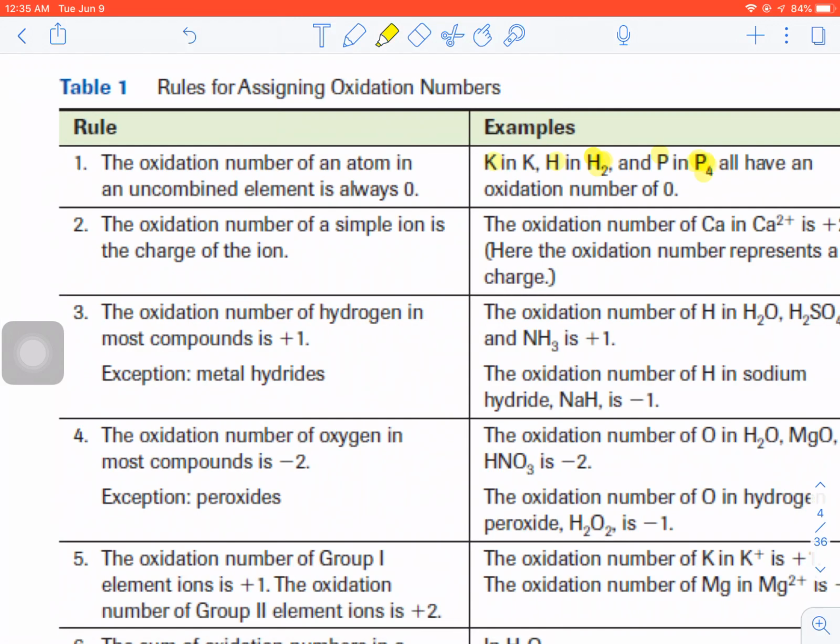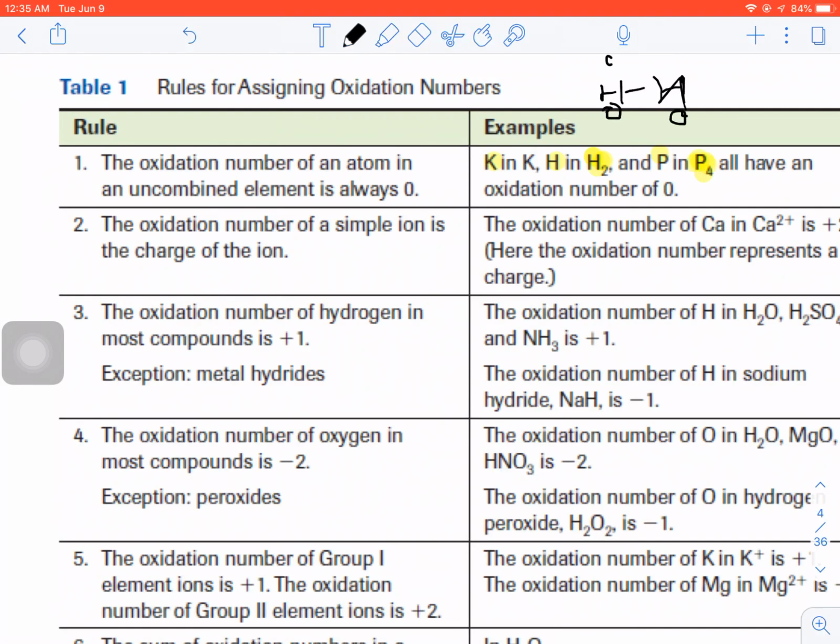And ultimately, if I've got two H's together making an H2, they will share electrons, but neither is stronger than the other, so neither can pull them from the other. That means the hydrogen, we usually write the numbers underneath, has an oxidation number of 0, because neither is holding the electrons closer to itself.